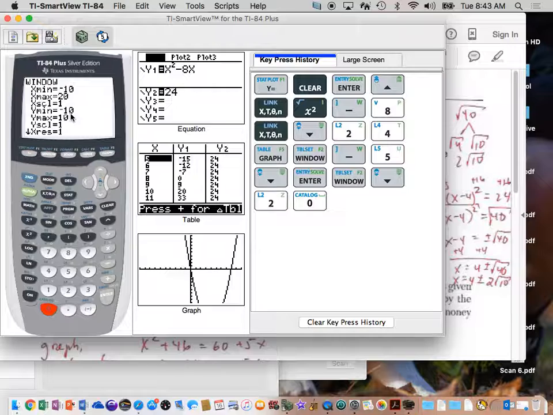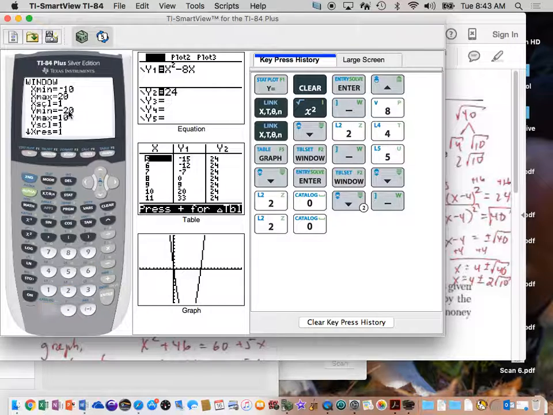X scale 1. Y minimum, let's go -20. And Y maximum, let's go, oh, why is this doing this?